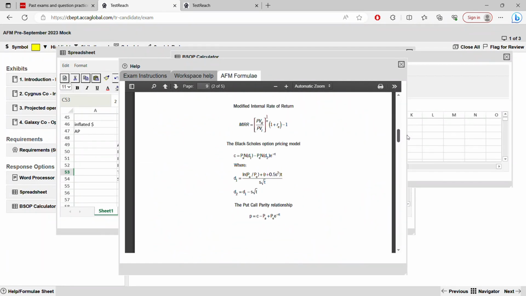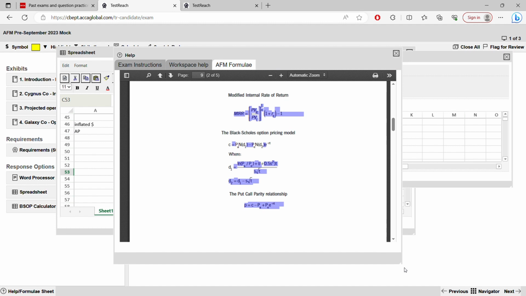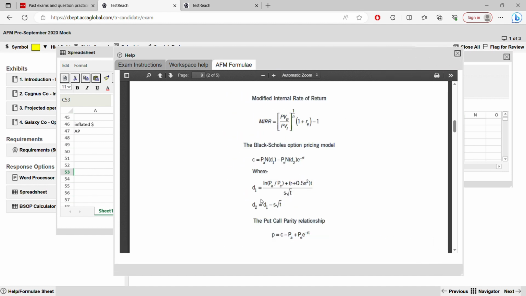Maybe I can zoom this out for you a bit. You see D1 and D2 is given here, and the call option. Call option is here. This one is put.